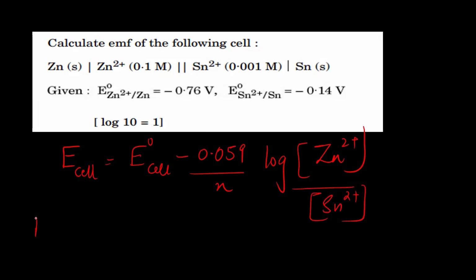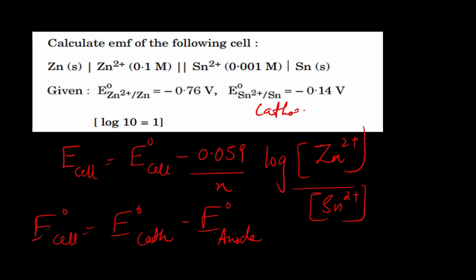Okay. And how will you calculate E0 cell? E0 cell is equal to E0 cathode minus E0 anode. In this case, which is cathode and which is anode? This is cathode, right? And this is anode. Yes.